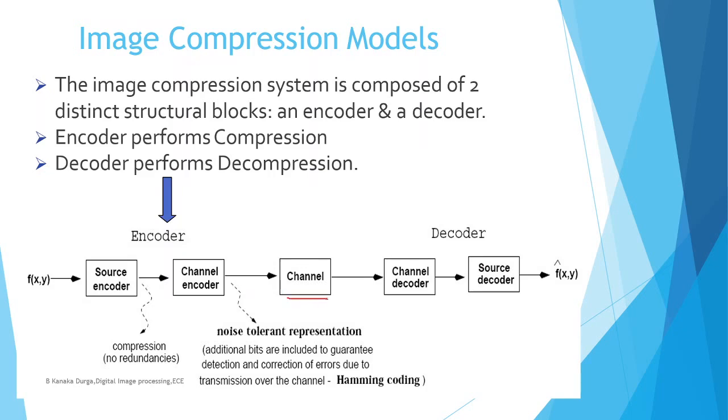But in image compression, the image is represented as data in terms of bits. If we reduce the data, we can send more information through the channel. That's why we call it the encoder session and the decoder session.